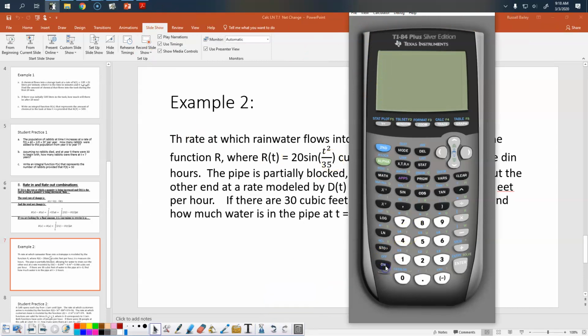Let's go ahead and turn on our calculators again and go to y equals and clear the functions that you had in there before. We're going to type in the two functions that they give us. So R of T. R of T is going to be 20 sine, and then it's going to be T squared, in this case X squared for us, over 35.